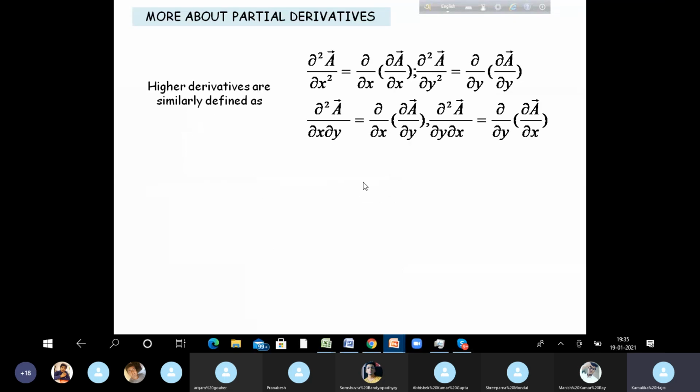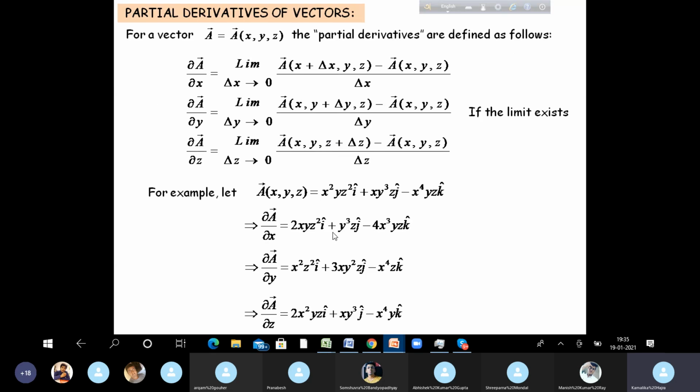You can also get combined higher derivatives. Here you found out del A del x. Now suppose you are asked to differentiate this with respect to y. What will you get? Del 2A del y del x. So you found out del A del x. Now you differentiate this with respect to y, keeping x constant.